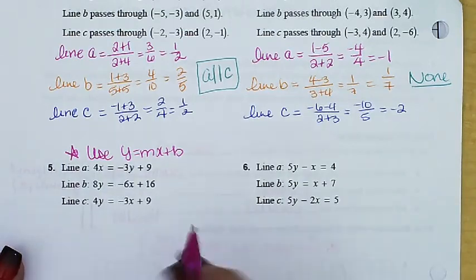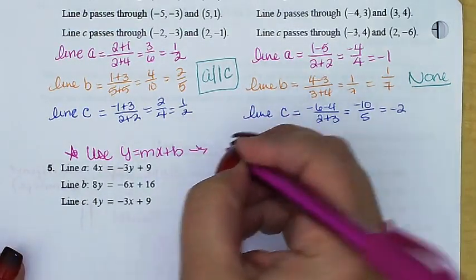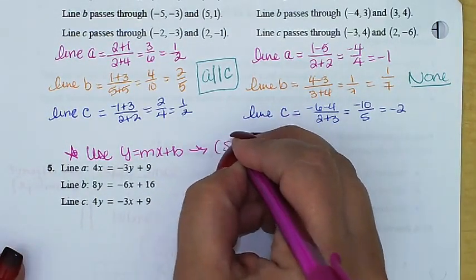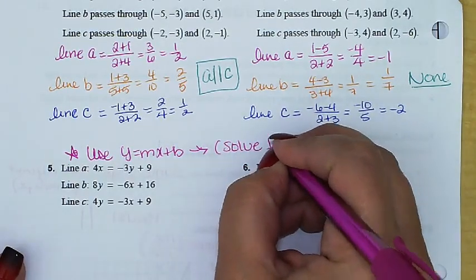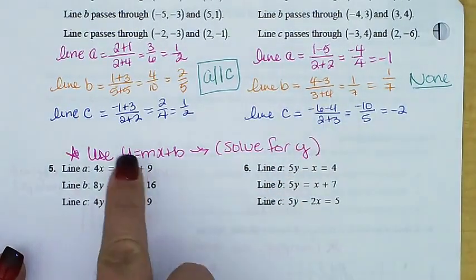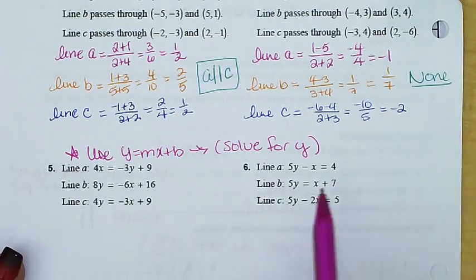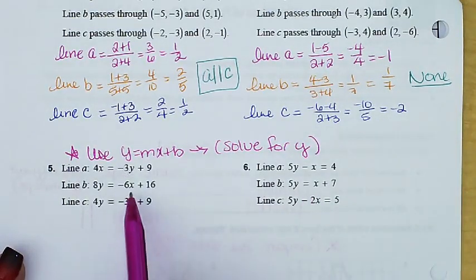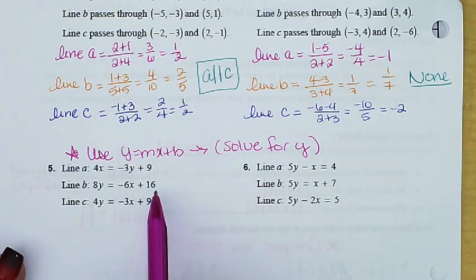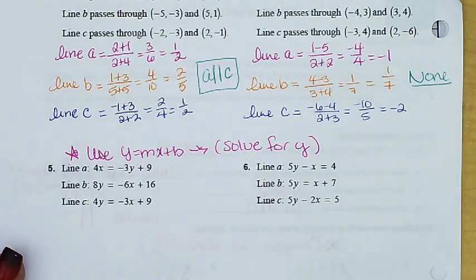If it's not already in that format, then remember, all you have to do is solve for y so you can get it into that format. And then we'll check to make sure the slopes are matching and the y-intercepts are different, and then we'll be able to decide, oh yeah, those are parallel. So that's what we're going to be checking for.